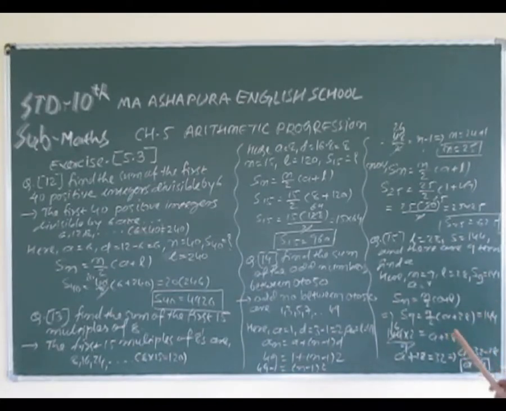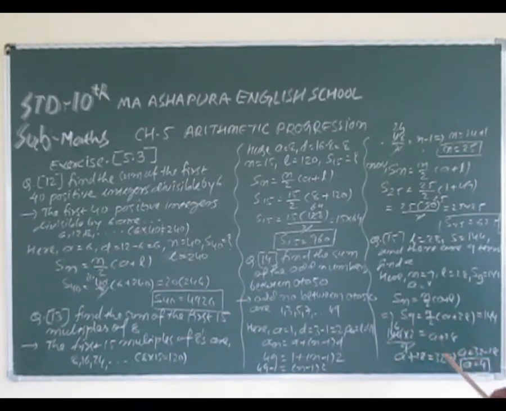Now simplify. 9 by 2 into a plus 28 equals 144. Divide both sides by 2 by 9, and finally we get 144 multiplied by 2 divided by 9 equal to a plus 28. 9 16s are 144, so we get 16 multiplied by 2 is equal to a plus 28.